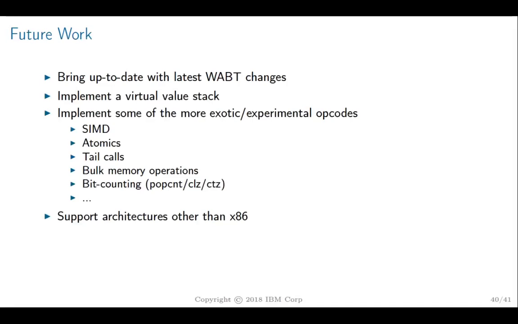We also don't actually know whether we support Windows or not. We haven't tried it. We expect it should work in theory, but we have no idea. And we're also missing a couple of those functional tests. Some opcodes just don't have test cases right now, which is a little bit unfortunate, and we'd like to add those where possible. So that's my talk.